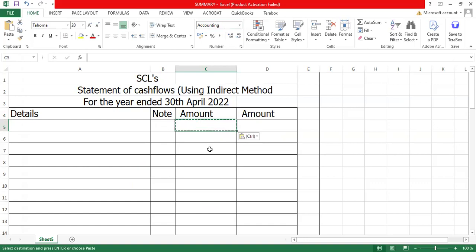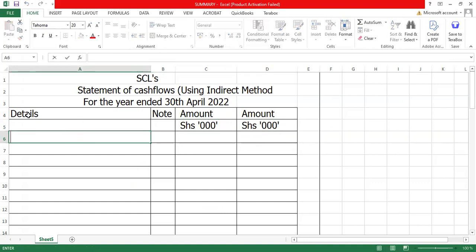This is shillings a thousand. Then also the other side a thousand. Okay, so that's what we have. That is our template.